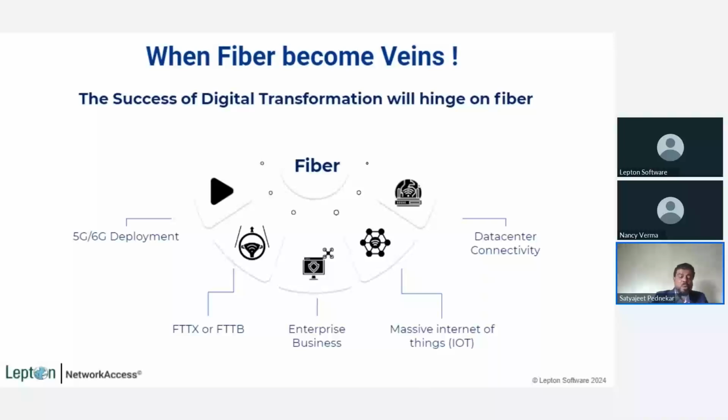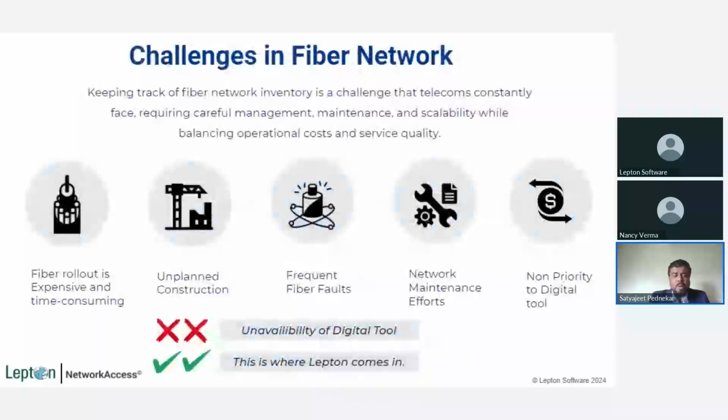Right now, people have joined from across the world, and I'm sure you are hearing about fiber networks from others too. But what are the challenges in the fiber network? The fiber network has its own challenges. The first and most important is to keep the inventory of the fiber network in one place, which requires maximum efficiency and management for maintenance and to expand the network.